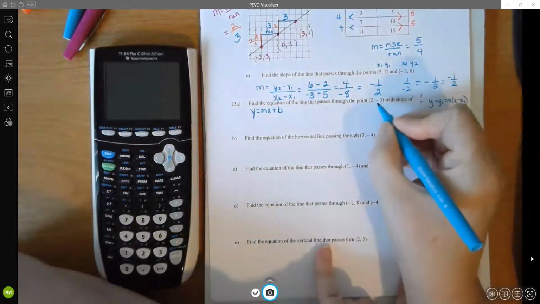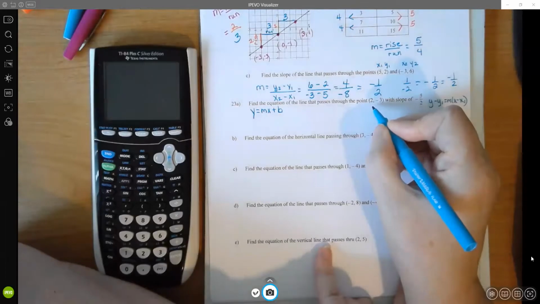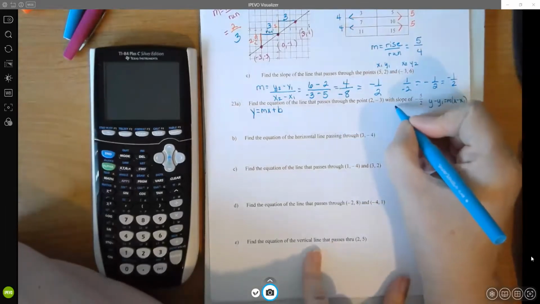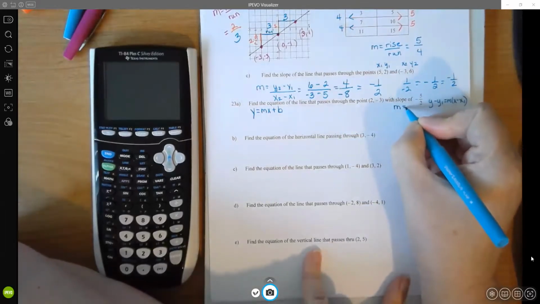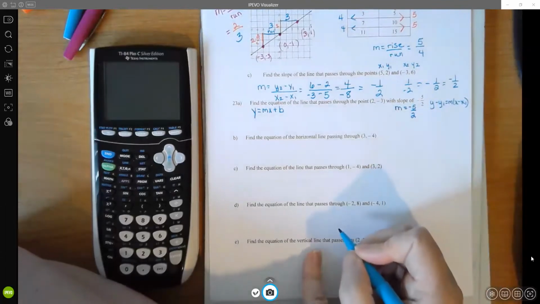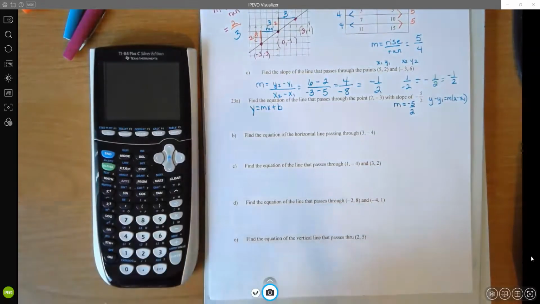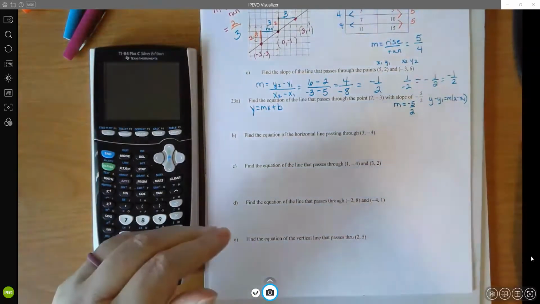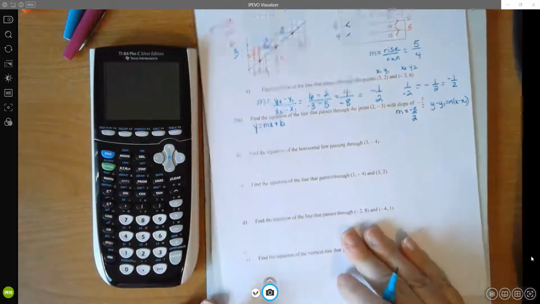In this case, as I read the problem, I have a point and I have a slope. So I know the slope. The slope is -5 over 2. Now, with that in mind, what do I know next? I need to know the y-intercept.